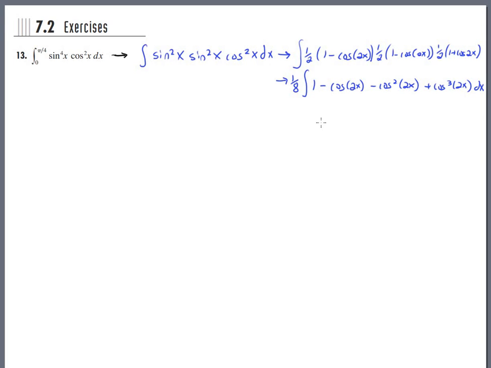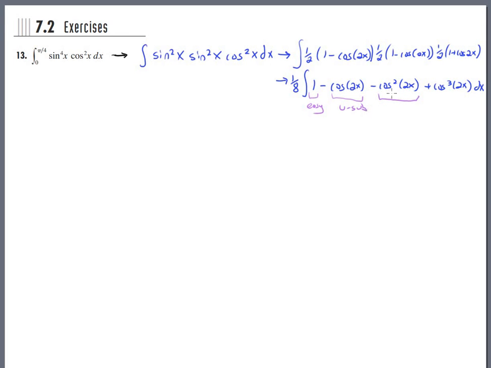So you can do that. It's one way to go. And I will say what we've got right now are 4 pieces. One is easy to integrate. Cosine 2x, pretty easy to integrate, just a tiny little u substitution.